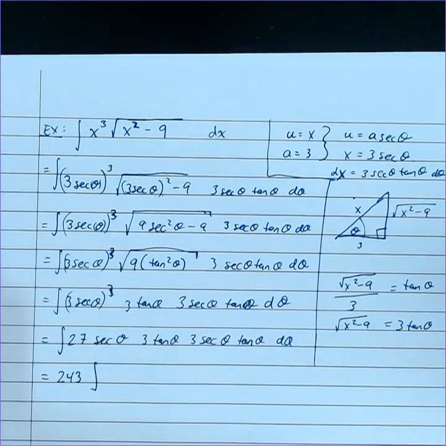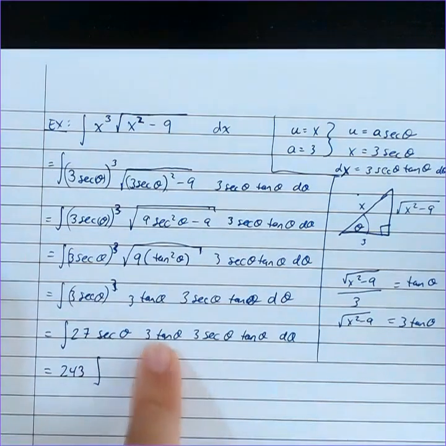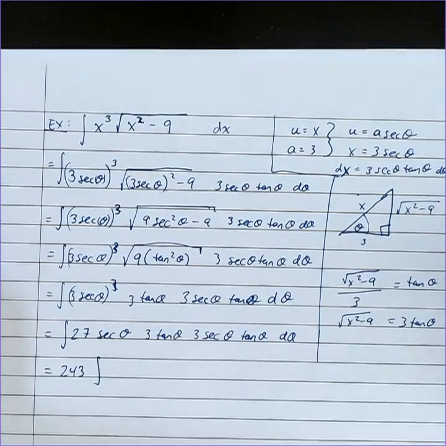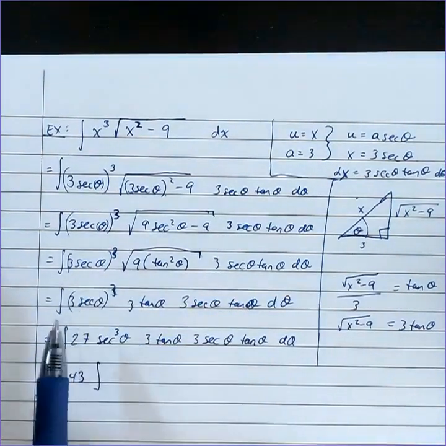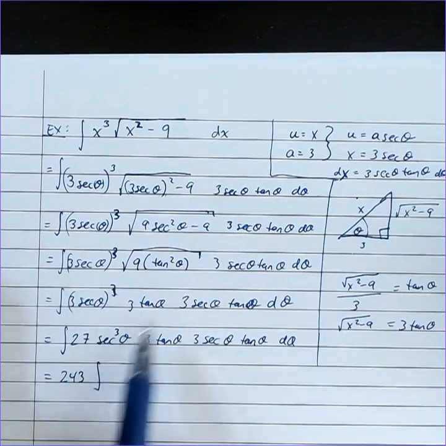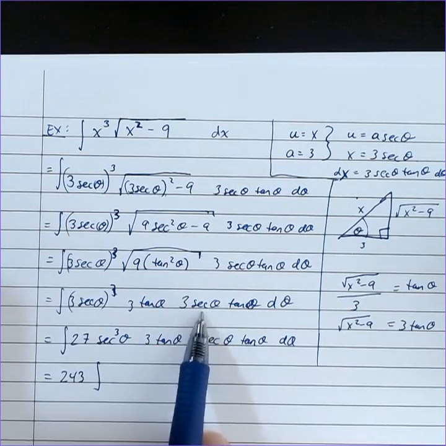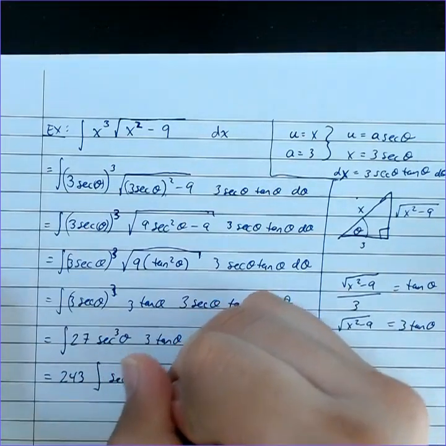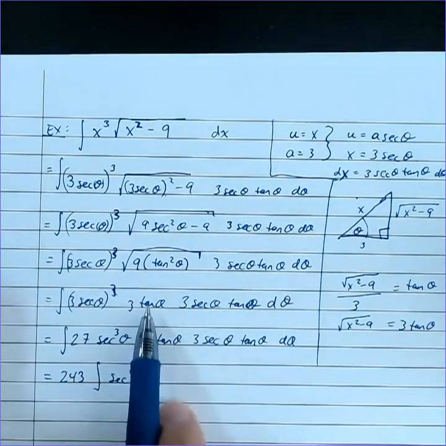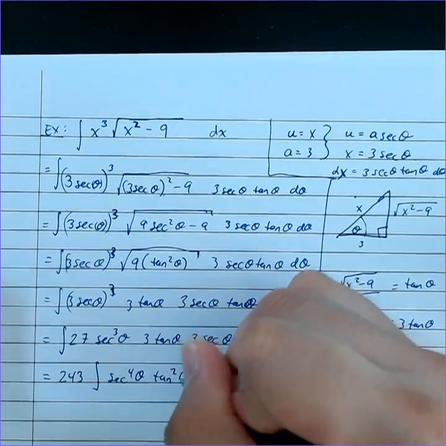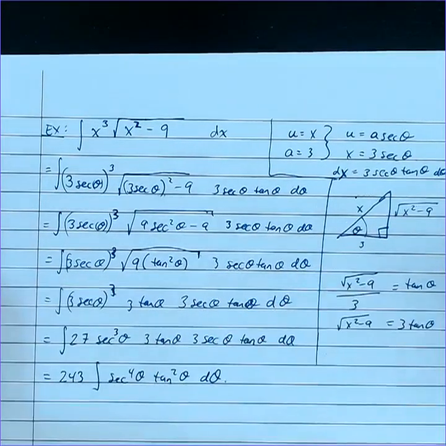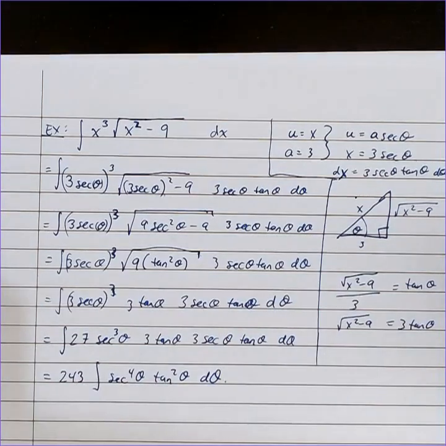I have secant of theta times secant of theta. Well, that's secant squared of theta. And I have tangent of theta times tangent of theta. Oh, that should be a cube, shouldn't it? I have secant cubed of theta times another secant of theta. That's secant to the fourth of theta. And then I have a tangent of theta here and another tangent of theta here, which is tangent squared of theta d theta. And now that's something we can integrate.